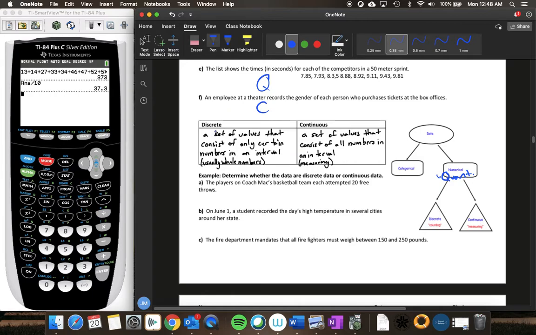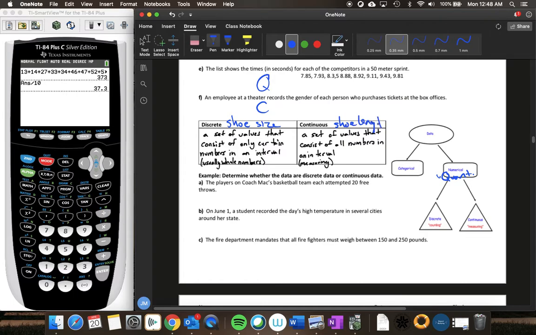So the difference: discrete data is a set of values that consist of only certain numbers in an interval, usually whole numbers, whereas continuous is a set of values that consist of all numbers in an interval, which typically is where you're measuring. The way I always kind of think about these two to kind of keep them separate is discrete is like shoe sizes and continuous is like shoe lengths.